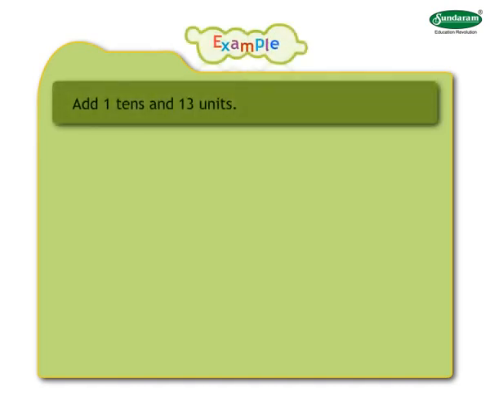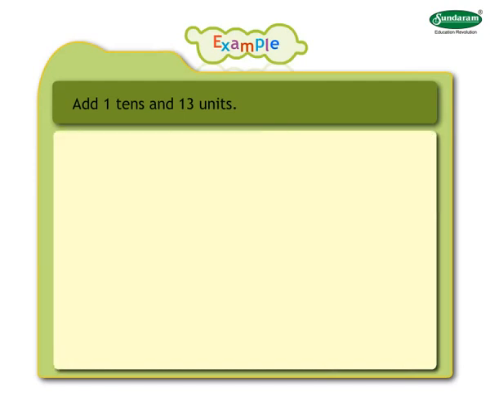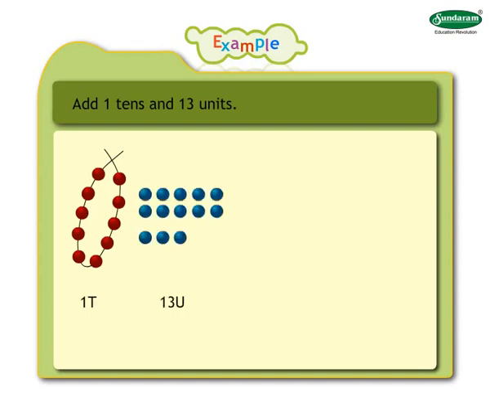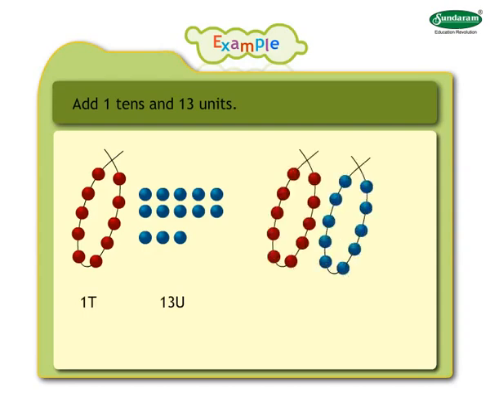Now, children, let us learn how to write a combination of tens and units. For example, if you have to add 1 ten and 13 units, how will you write? Solution: a chain of 10 dots is 1 ten. In 13 units, there are 13 dots. So we can put 10 dots together and make a chain of 1 ten.